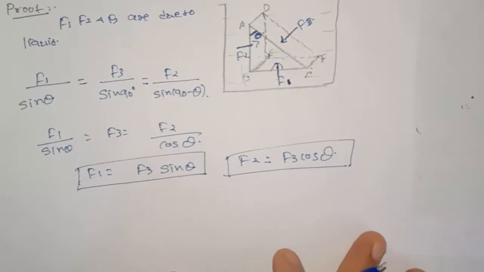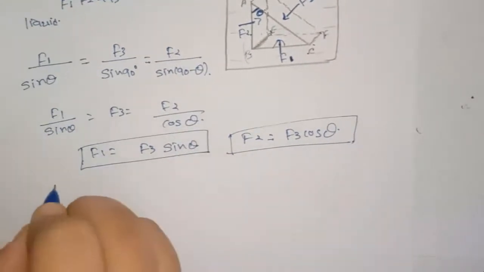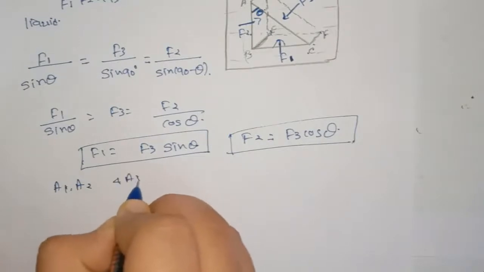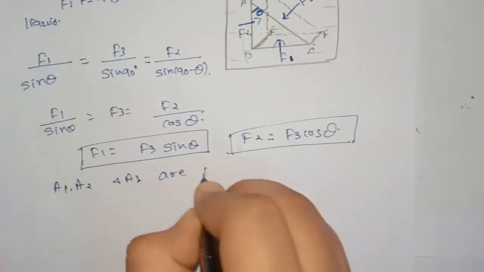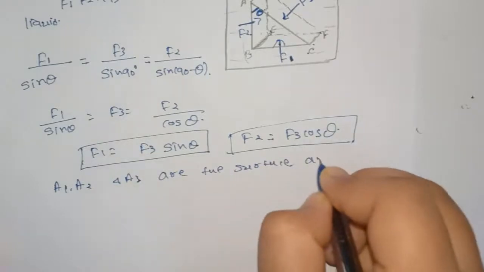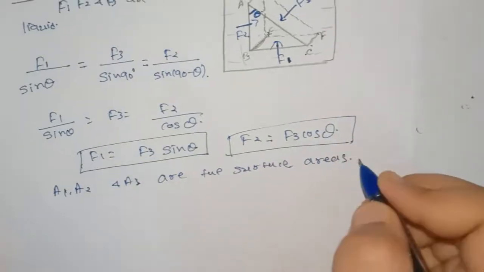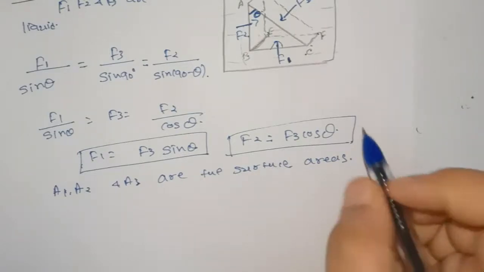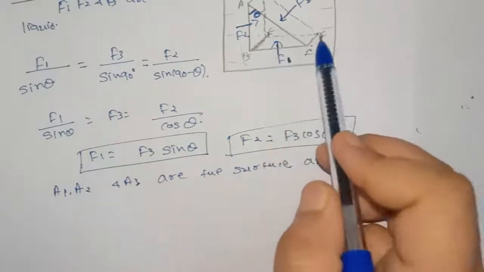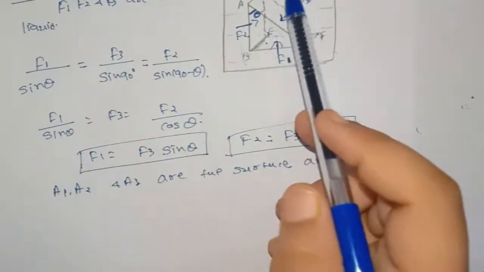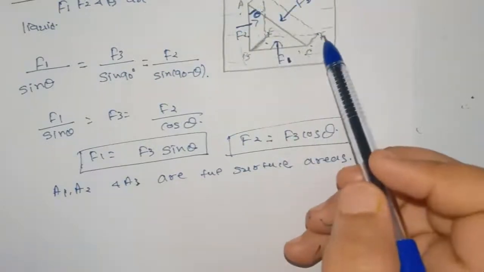If A1, A2 and A3 are the surface areas of the sides BECF, BADE and ADCF respectively.